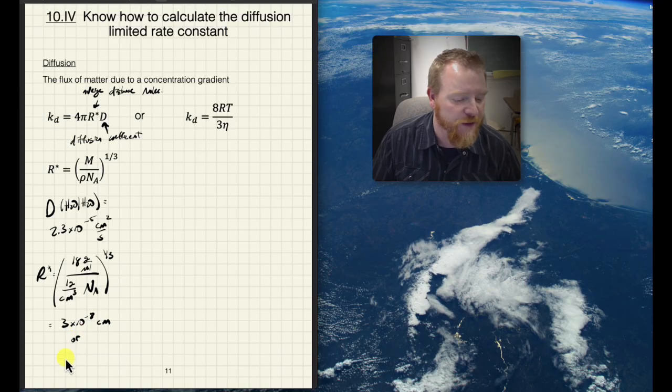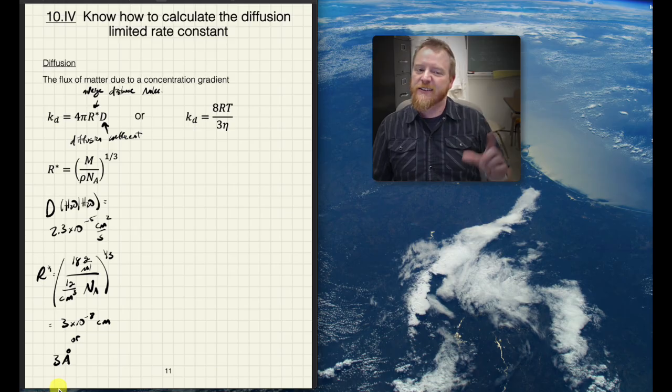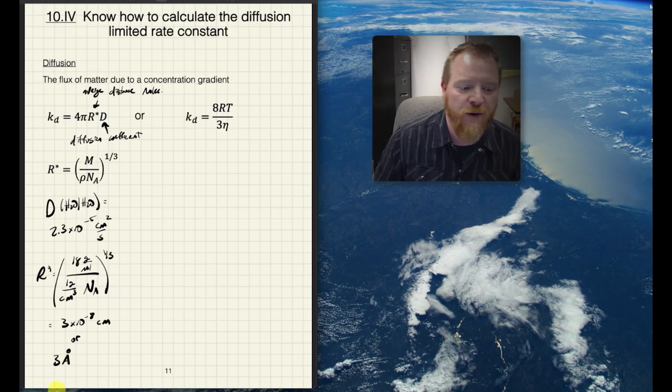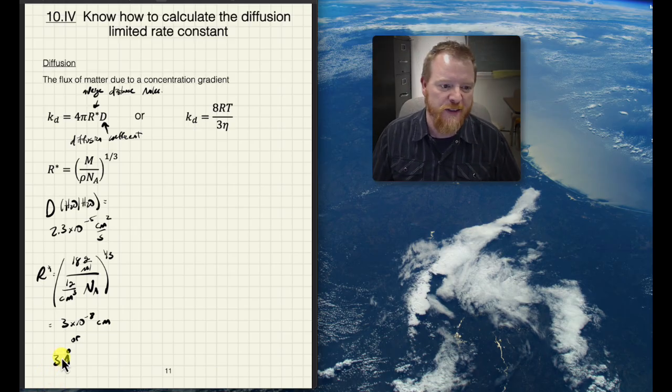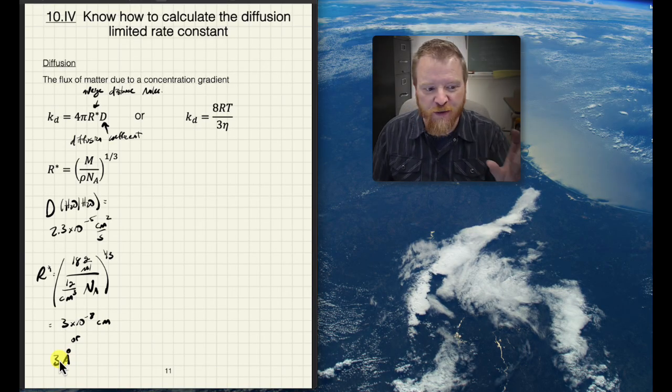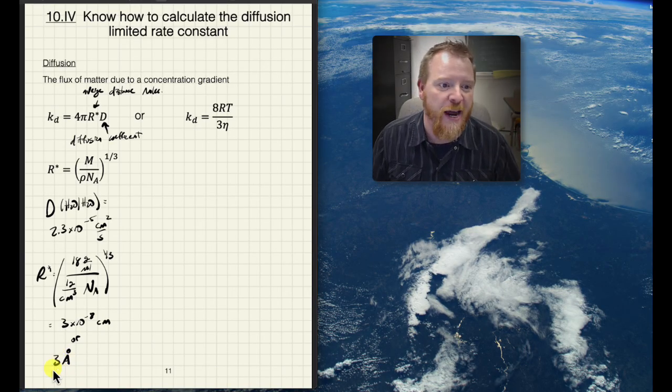Or if we want to think of this in terms of angstrom, it's about 3 angstrom distance from molecule to molecule in water, which makes pretty good sense, because the size of a water molecule is about 3 angstrom.